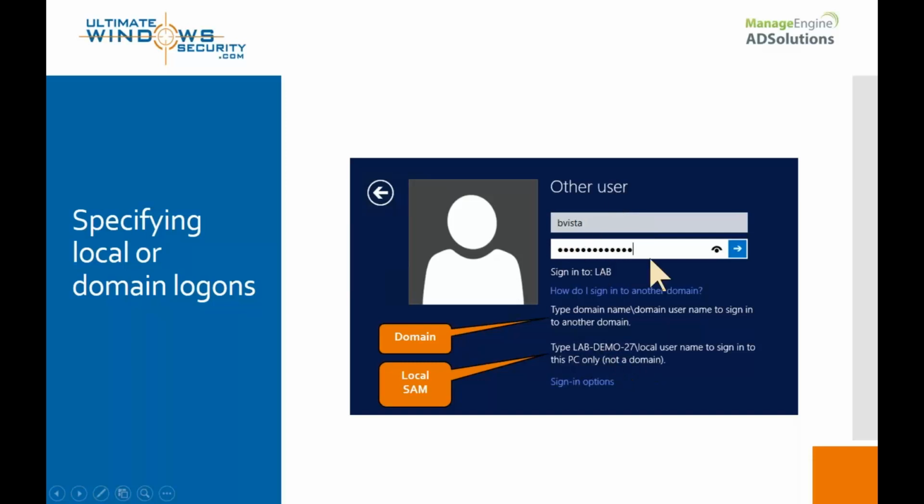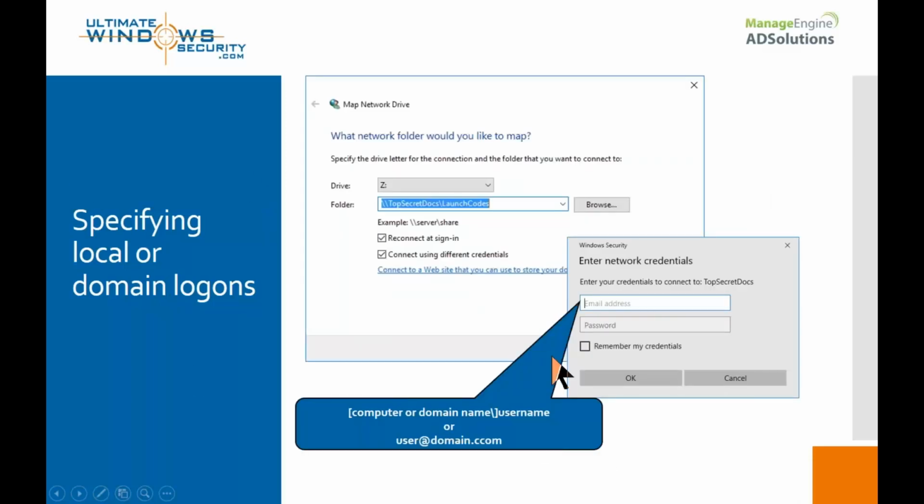In the old days, all of that was specified in a drop-down box, but that's how it is nowadays. Likewise, when you map a network drive, if you want to log on with a local account, you just put the computer name/username. If it's a domain account, you either leave the domain name out, or, if it's not the default domain that these computers belong to, you qualify it, or you could put it in email format too. But this is what allows us to control whether we're logging on with a local account or a domain account.